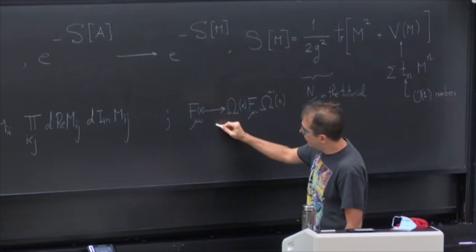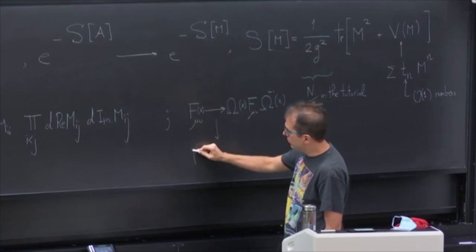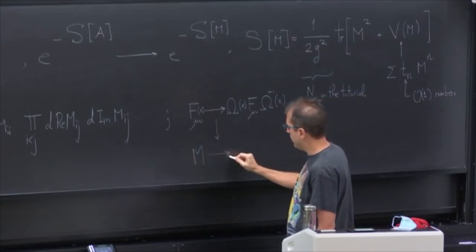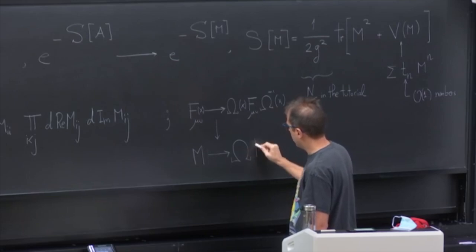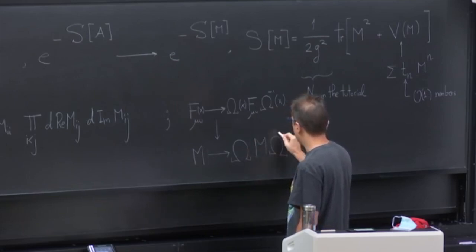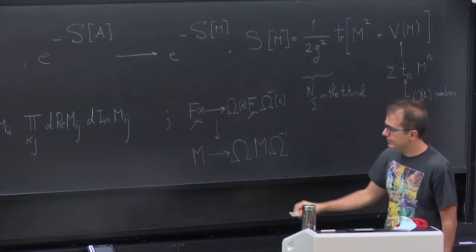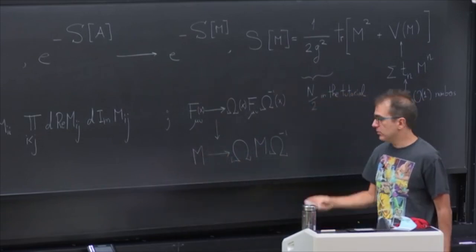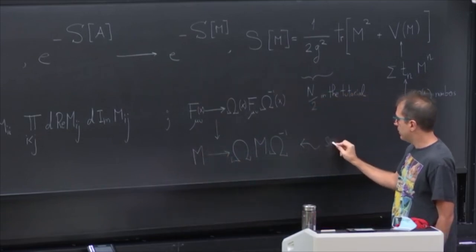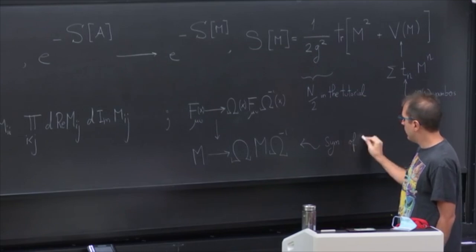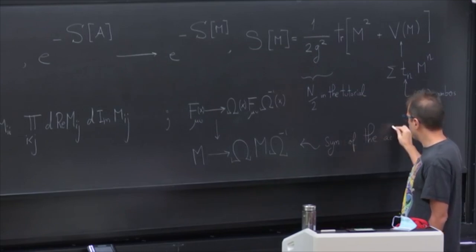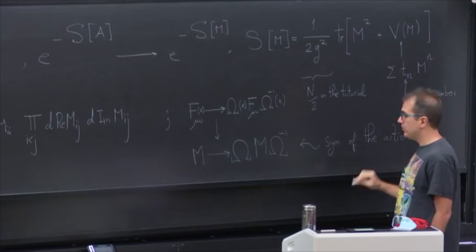And similarly now, the analog of this symmetry would be the fact that I can rotate M, I can do a rotation omega M omega minus 1, and the action is invariant. So this would be a symmetry of the action, or a redundancy, if you want, of the action.